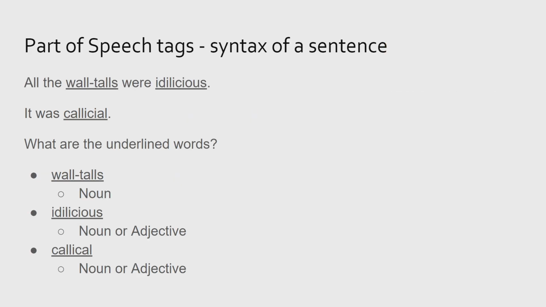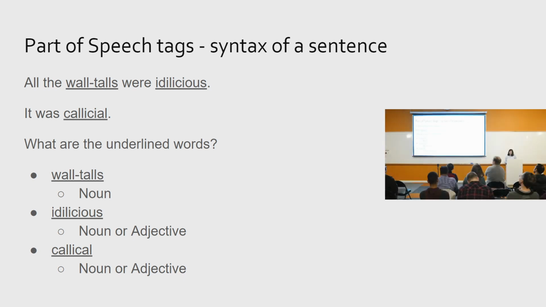Here are some ways in which we can get a machine to do that. These underlined words are weird words which don't exist, but based on the context: "All the Waltals were delicious." What do you think Waltals is? Is it a noun, a verb, or an adjective? Noun, because it sounds like a noun, it looks like a noun. How about delicious?